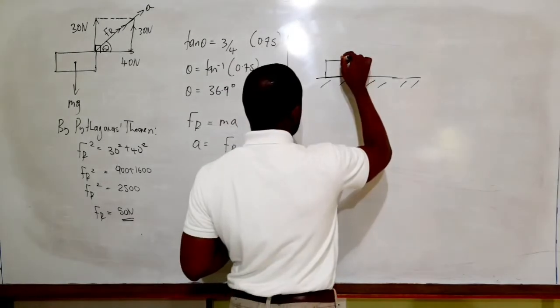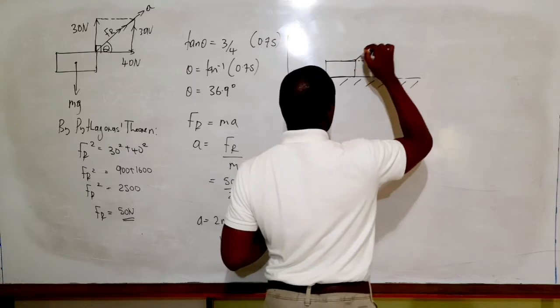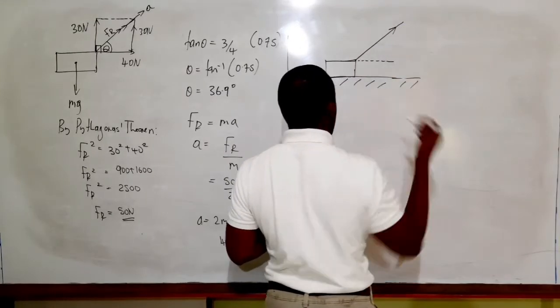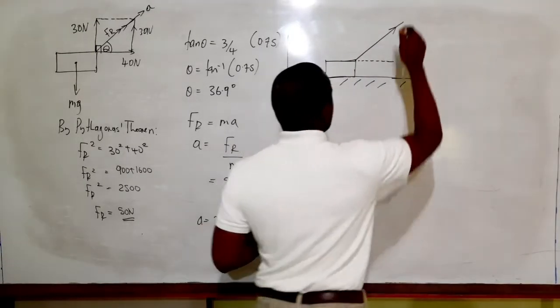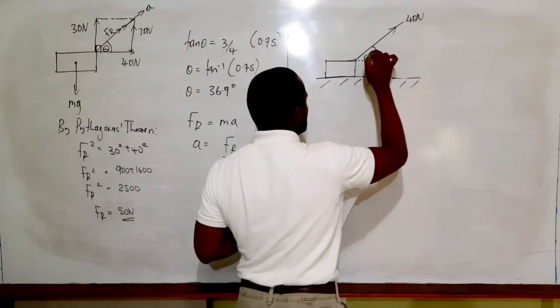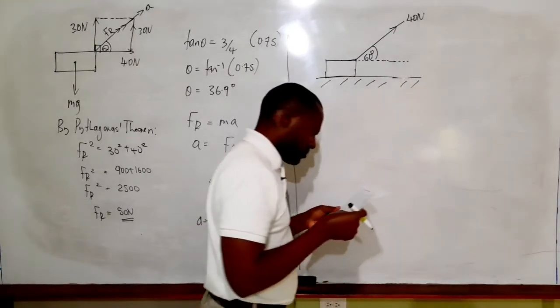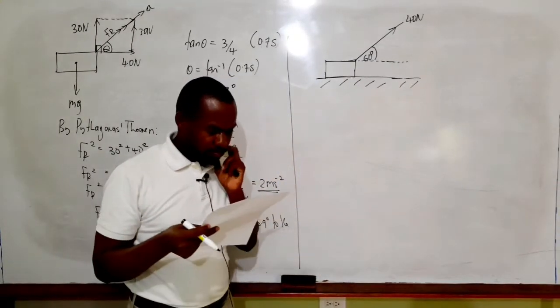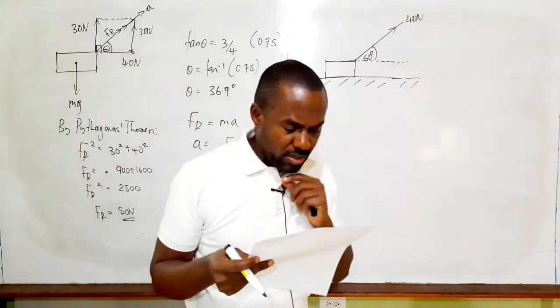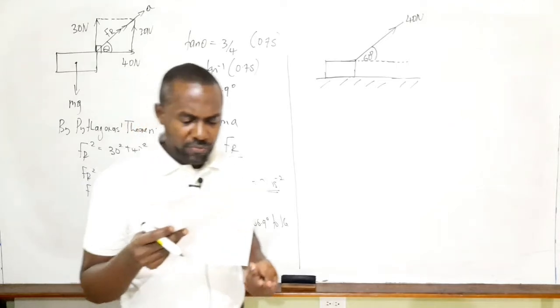So if this is the horizontal, then this force is acting at 60 degrees, and the magnitude of the force is 40 newtons. So it's a 40 newton force acting at 60 degrees to the horizontal. Right? Above the horizontal.